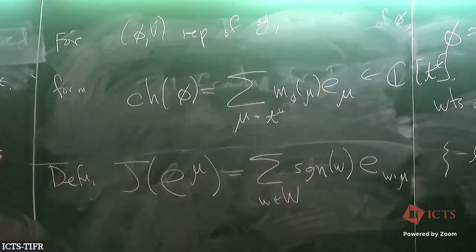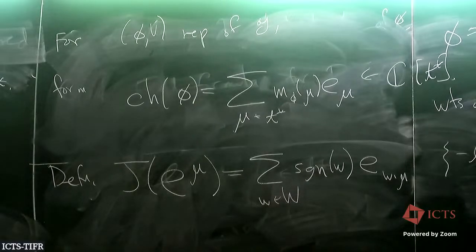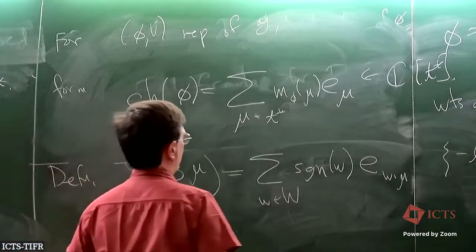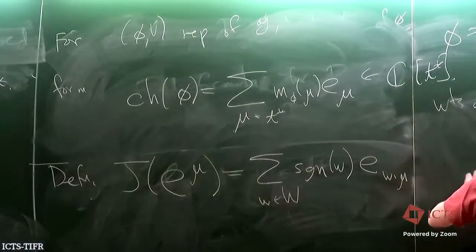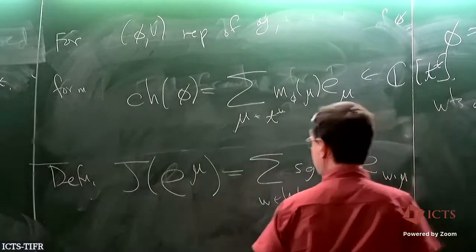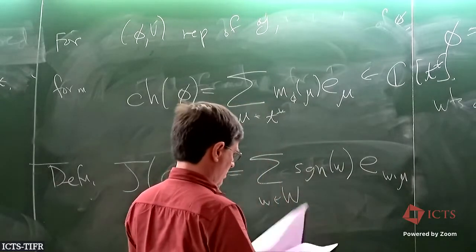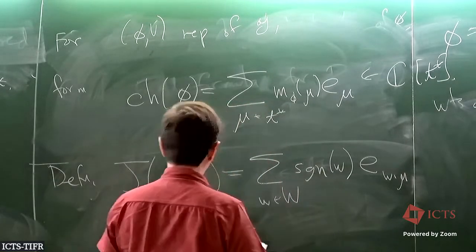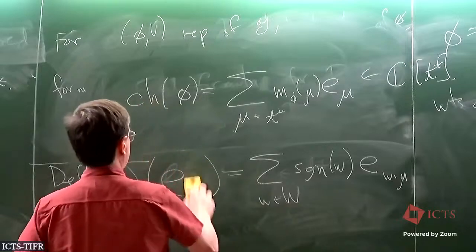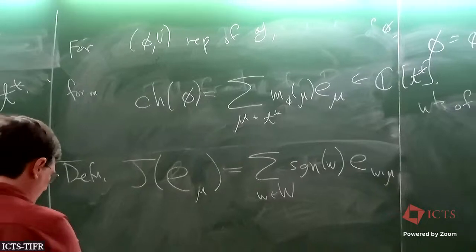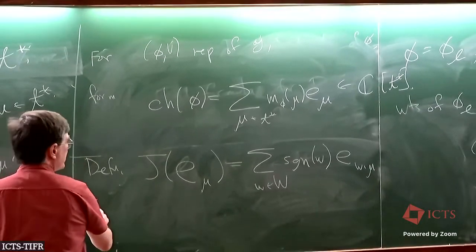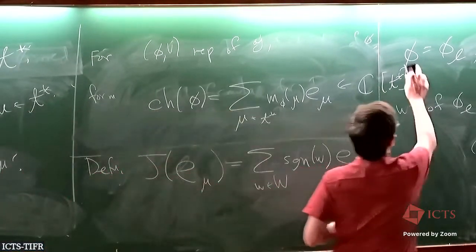So this is a kind of alternating sum over the orbit of e^mu. I'm sorry, that should be a lower mu. I guess this just doesn't matter, actually. It's just a definition.